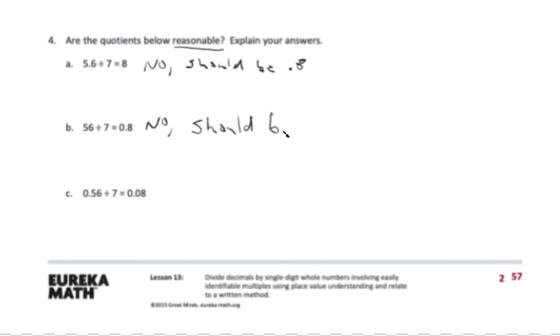This should be just 8. Because there's no reason to make that tenths. That's 56 wholes divided by 7 is just 8 wholes. What about this one? 56 hundredths divided by 7 is 8 hundredths. That sounds right. Yes. That is reasonable.